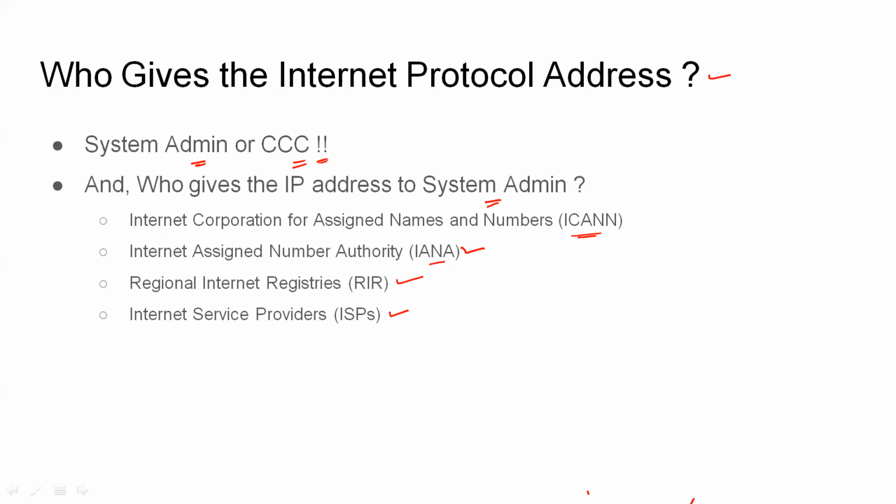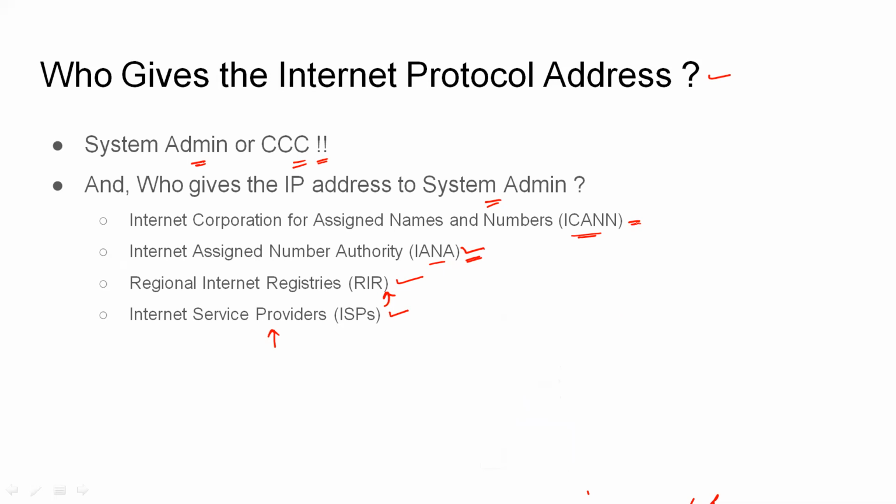Our TRIPSI will get IP addresses from ISPs, and ISPs will get IP addresses from RIRs. The RIR has a governing body called IANA, and above IANA, ICANN sits. So these are all the governing bodies.